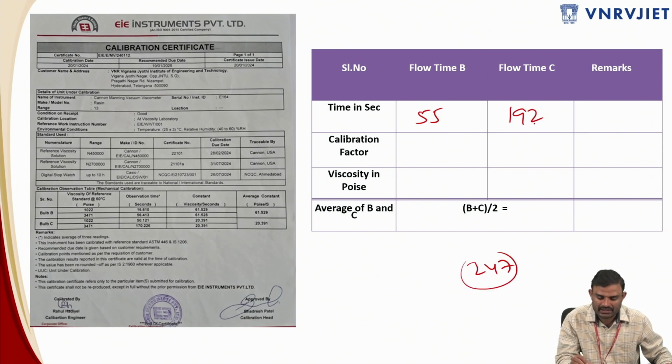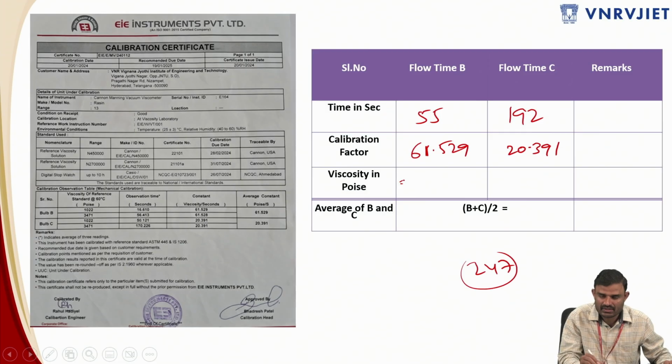We are going to get 192, and the calibration factors just I have mentioned, it is 61.529, and this will be 20.391. So viscosity is nothing but, as I have mentioned, the product of calibration factor into time. So 55 into 61.529, and this will be 192 multiplied by 20.391. So that is what you are going to get.